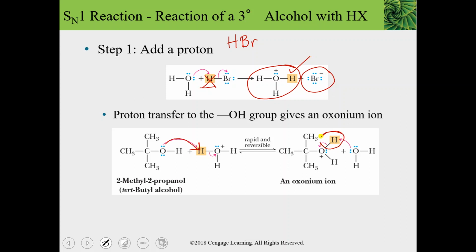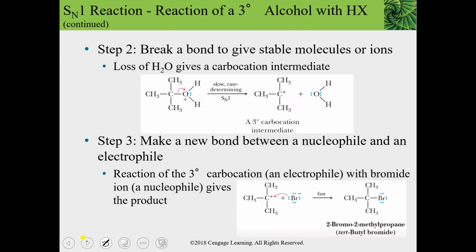All right. When that happens and another water molecule comes in and grabs this hydrogen right here, the shared electrons go back onto the oxygen. This is a reversible reaction, and it happens very quickly. Reversible. It's happening all the time in solution.